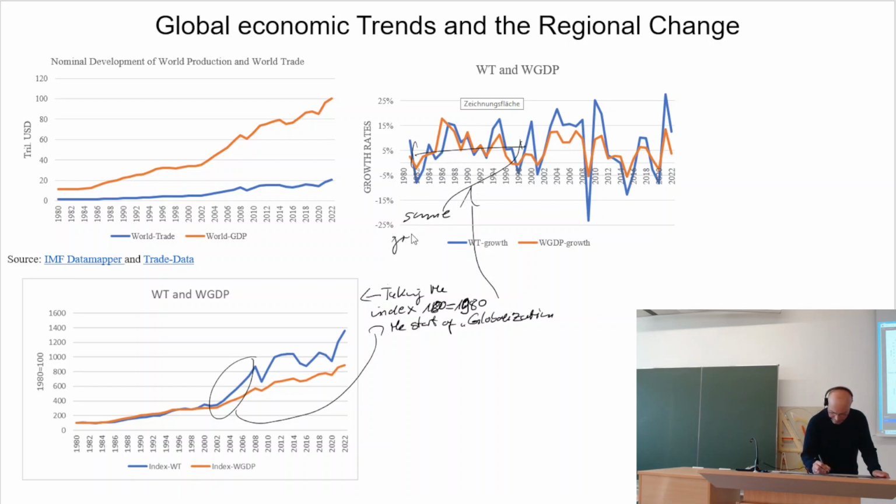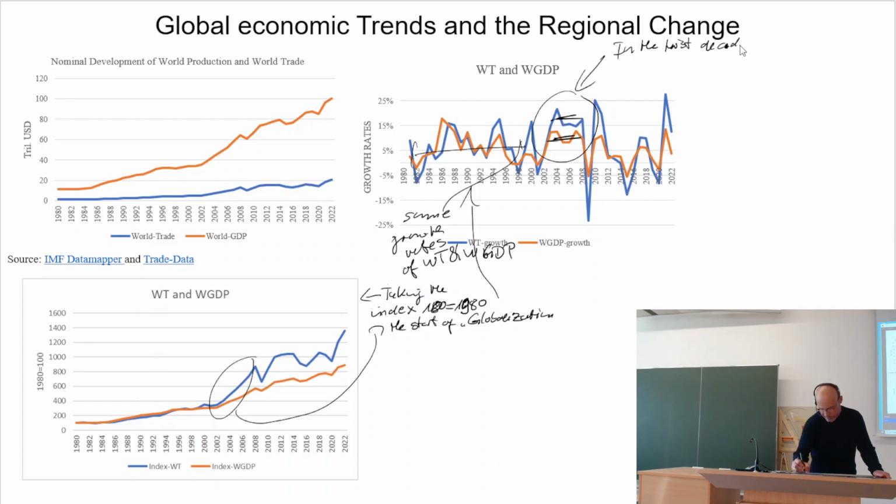Same growth rates of world trade and world GDP. In this case here, in the first decade, world trade growth almost doubled world GDP growth.